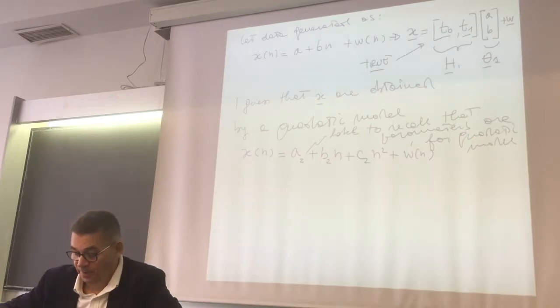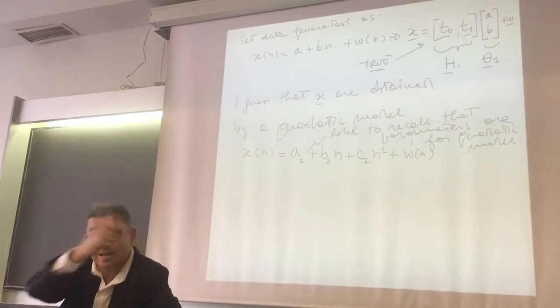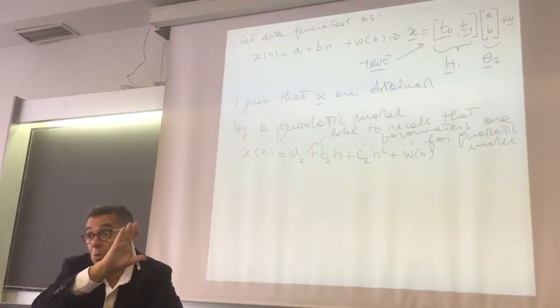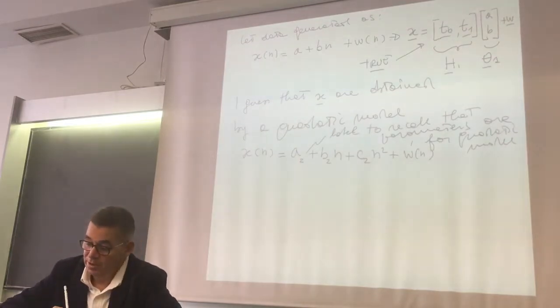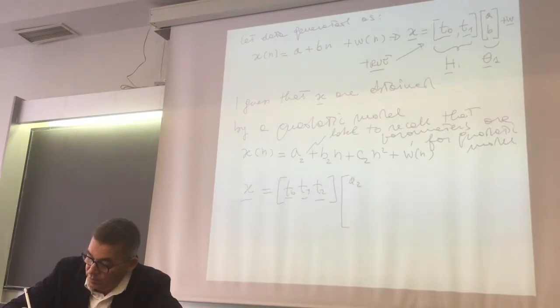What I do here is write exactly the previous way, the way I described before. x, the data, is equal to the matrix of 1, n, n squared with columns t0, t1, t2, multiplied by a2, b2, c2, plus w prime.